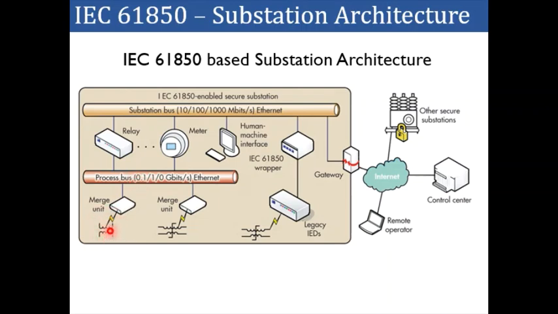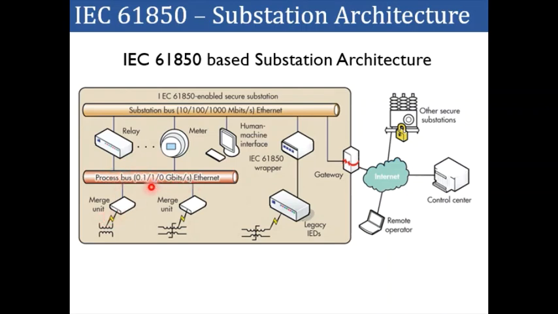Now here, why do we want the process bus to share the data? Because if you are having wired connection, then the voltage and current measurements should be wired to the relay as well as other devices such as meters for the required information.